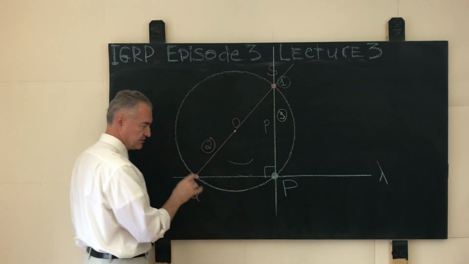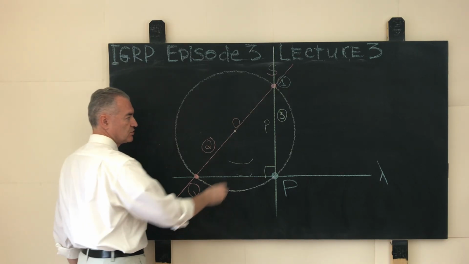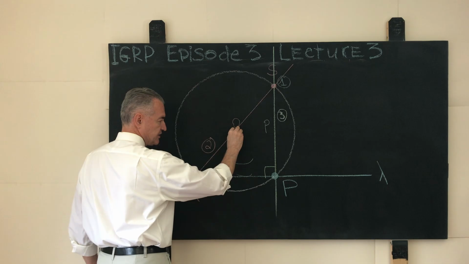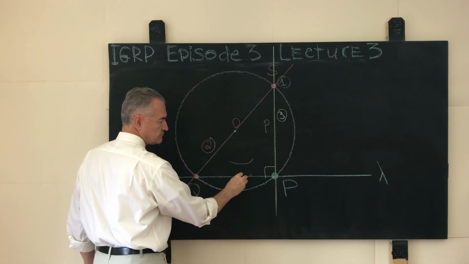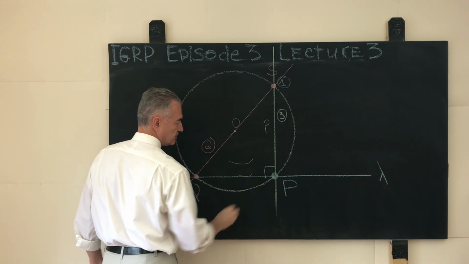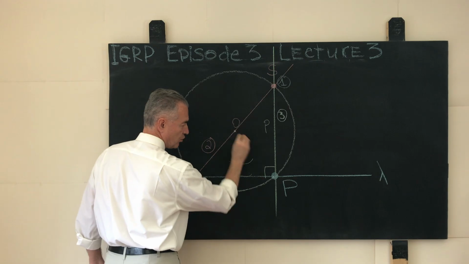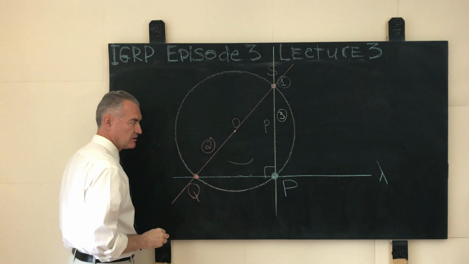Well, perhaps this is a slippery part, but practically it is always possible. So pick a point O such that the distance from the point O to the point P is larger than the distance from the point O to the straight line lambda.